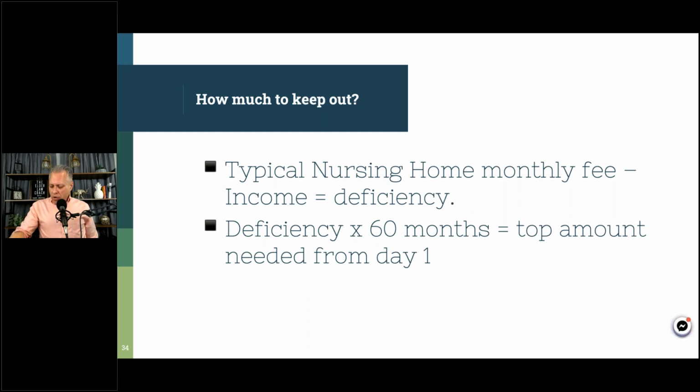So that comes out to a $5,500 deficit each month. Assuming he needed care from day one, 5,500 times 60 is $330,000. He has 615 in liquid assets. So if we kept out the 330, that means like 285,000 would go into the trust.